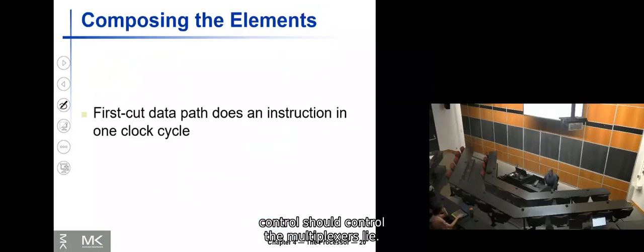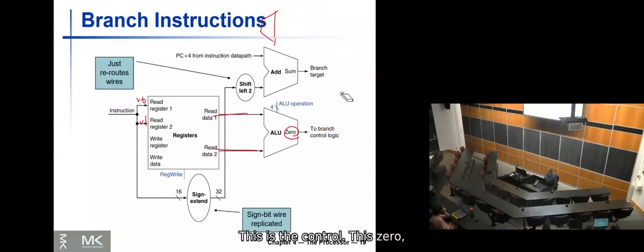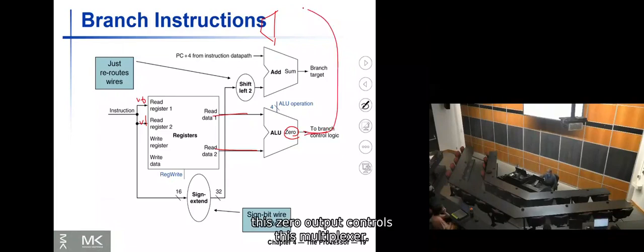We have a multiplexer here, which one is coming from here, the other is coming from, sorry, this is the control. This 0 output controls this multiplexer.